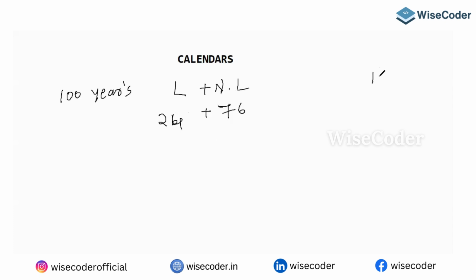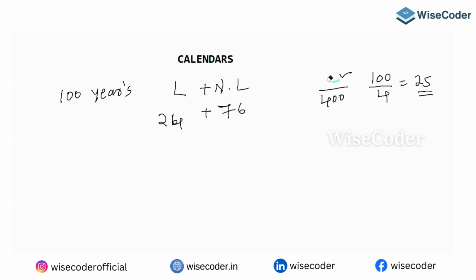Some people will say: if you divide 100 by 4, I get quotient 25, so there are 25 leap years. But hang on for a moment. 100 is a century year. It is not divisible by 400, so the 100th year is not a leap year. That's why leap years are 24 and non-leap years are 76.